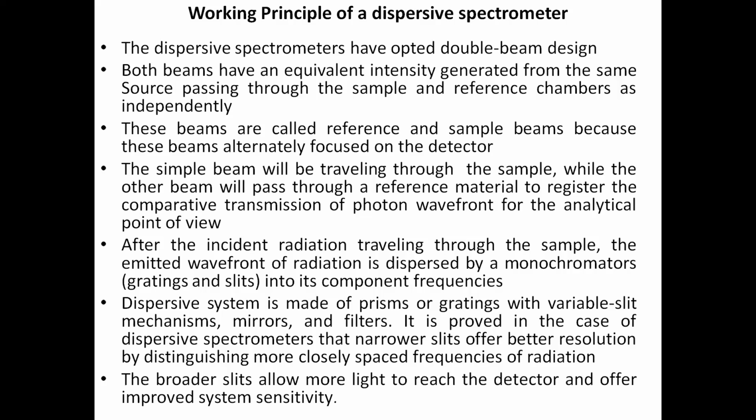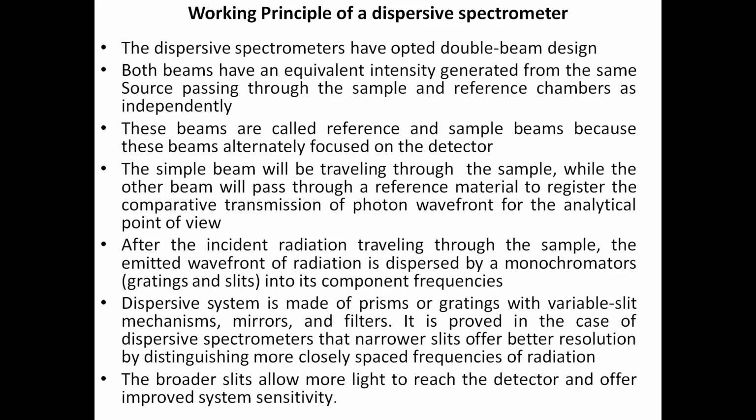The sample beam will be traveling through the sample, while the other beam will pass through a reference material to register the comparative transmission of the photon wavefront from an analytical point of view. One beam passes through the sample and another passes through the reference material.